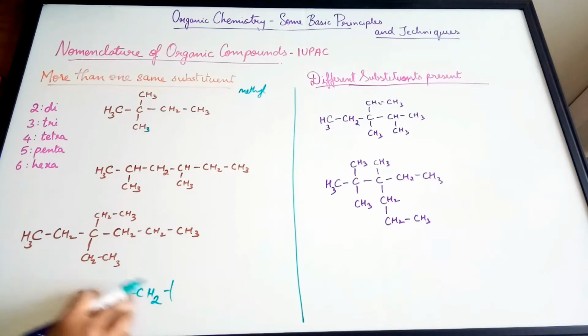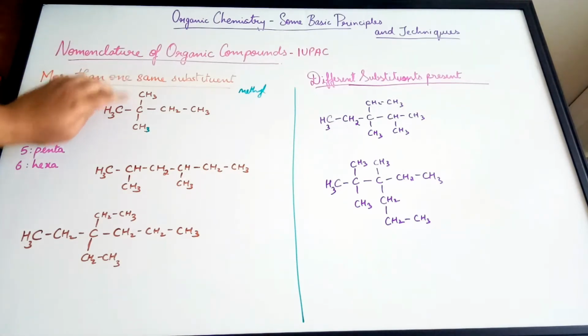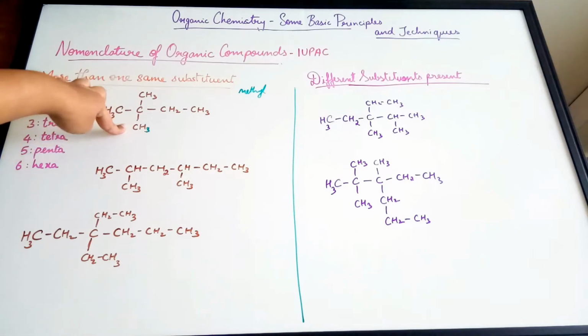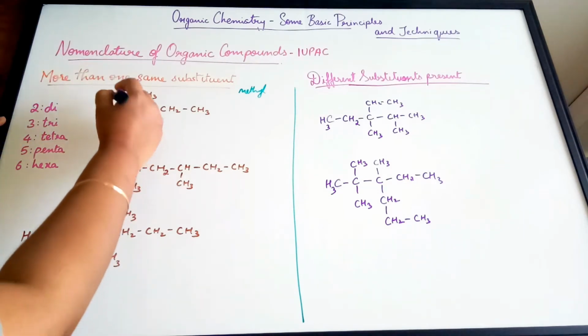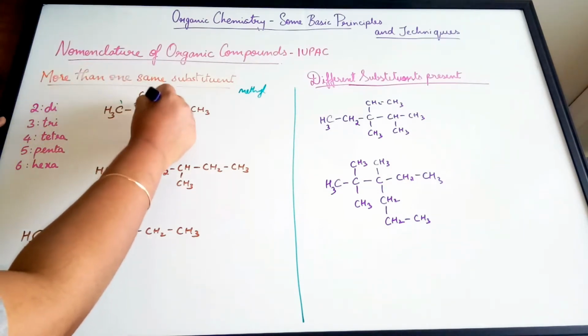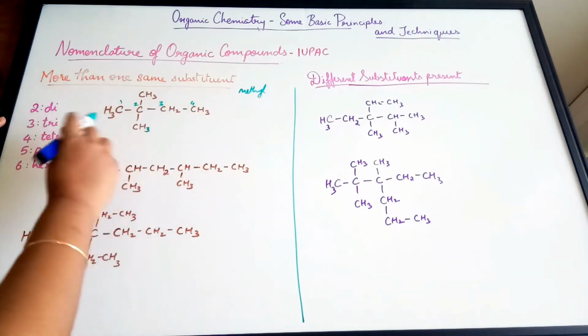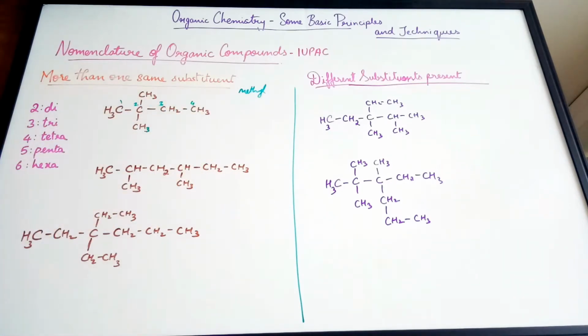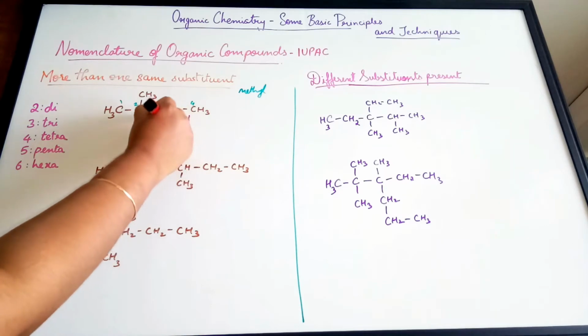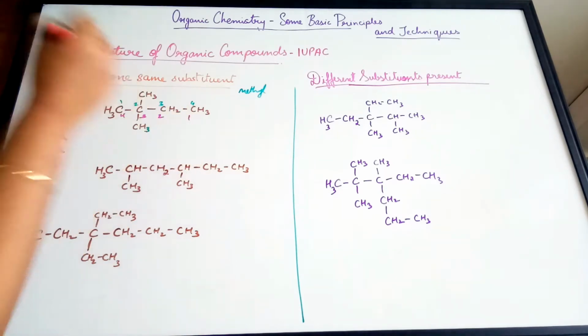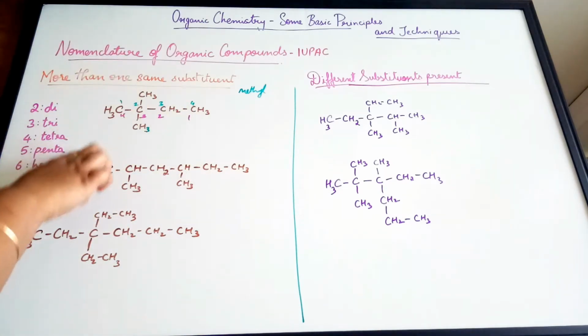We discussed this in that video. So we know that there are 2 methyl groups attached to this particular carbon. So 1, 2, 3, 4 can be one numbering, or it can be 1, 2, 3 and 4 from the other side. But because 2 is obviously lesser than 3, 2 is considered.